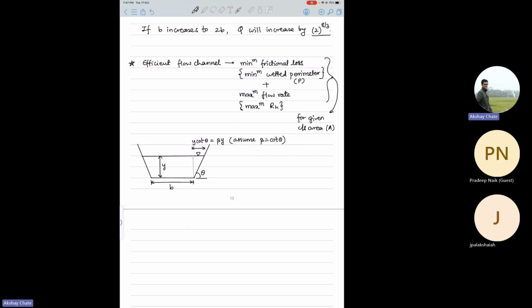This will make our problem solving easier, or the equations smaller basically. Now what is your cross-sectional area here? It will be b y plus one triangle with area half beta y into y, and the symmetrical triangle on the other side has the same. So effectively we get b y plus beta y square.